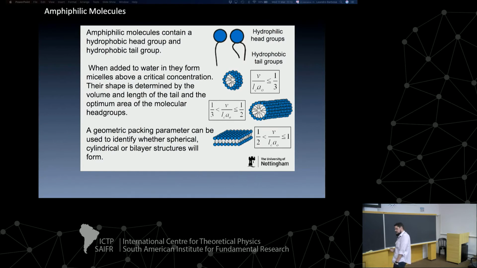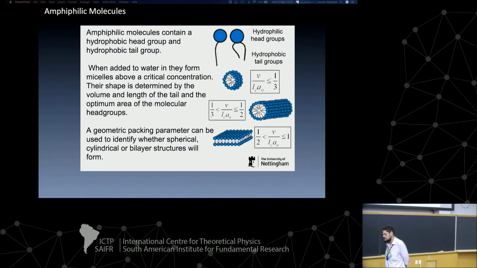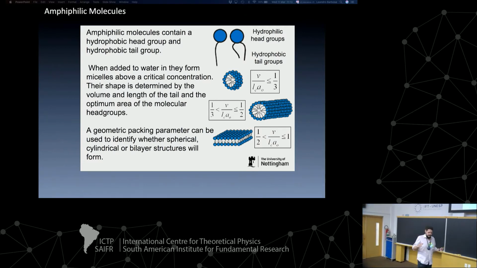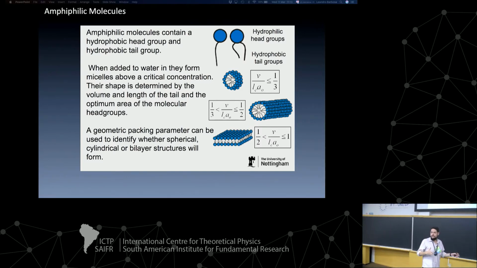So, when we are talking about lipid-based nanoparticles, we must remember a very special kind of molecule that we have in chemistry, called amphiphilic molecules. Those are special because they are composed, in a very general way, of two different regions. One region of the molecule is hydrophobic, which means water is not able to make hydrogen bonds with that particular region.